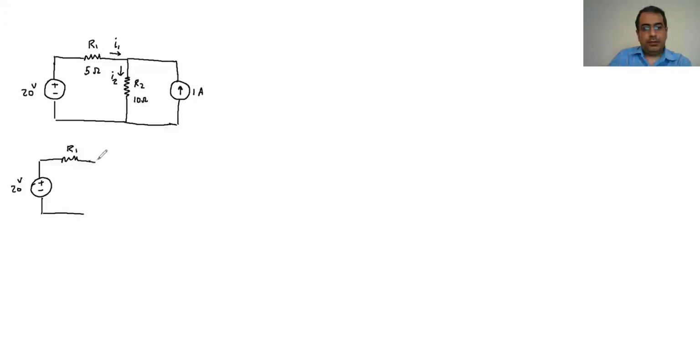So the resistance is always going to be the same. So if it's R2, this one becomes R2, and then this becomes a battery. The arrow goes up, so positive is going to be at the top, so I replace this with this one.